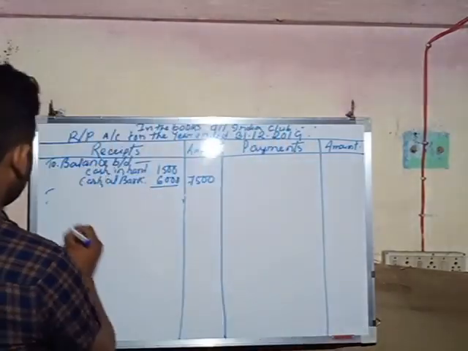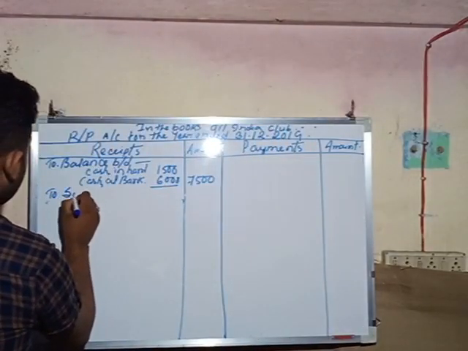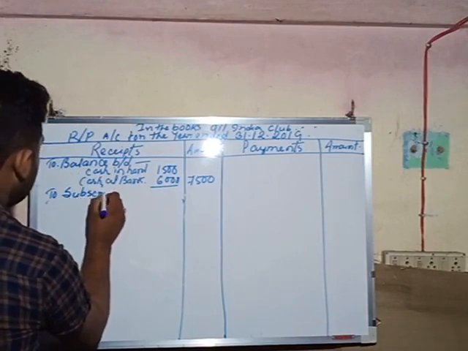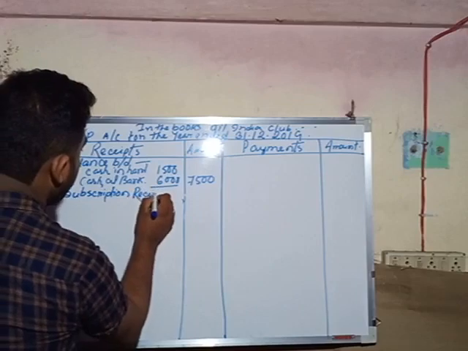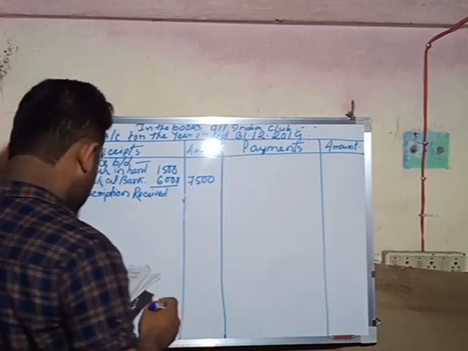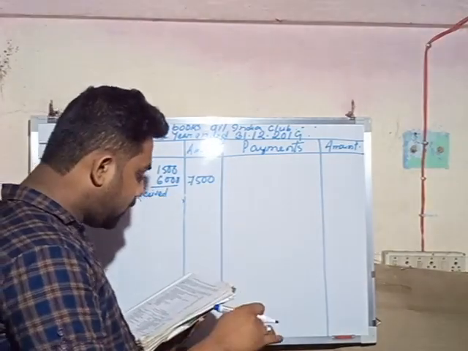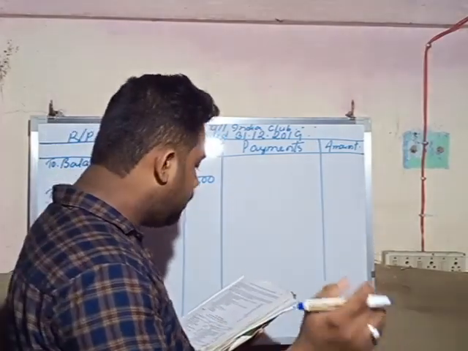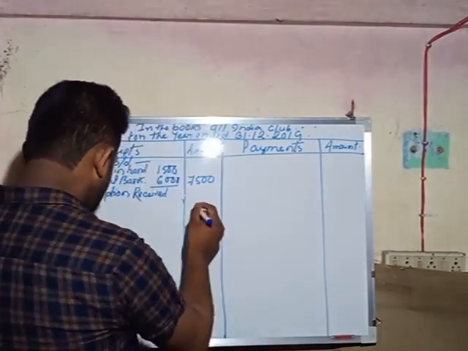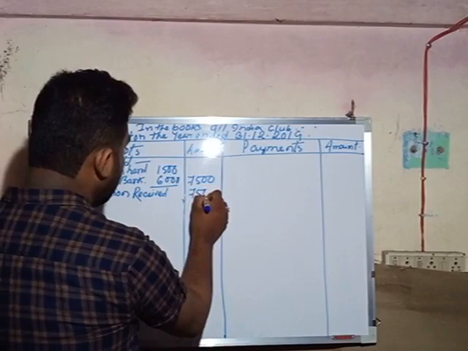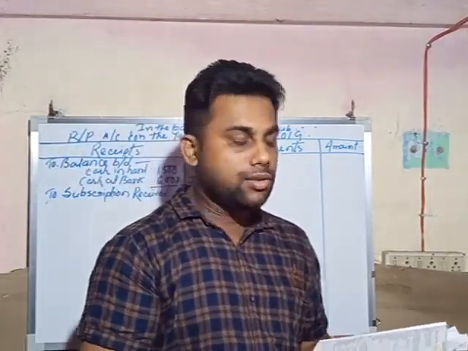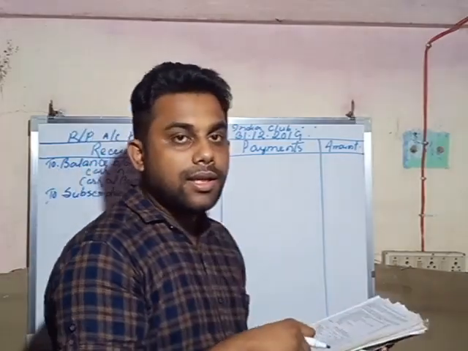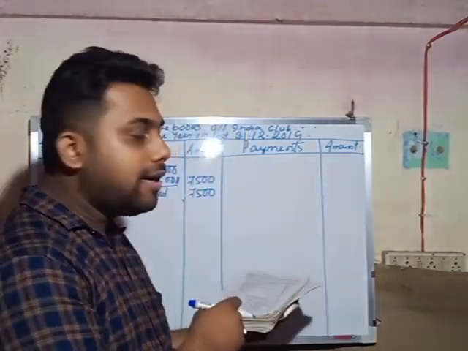So the first item is to subscription receipt, which means the amount we receive in the current year from the members, rupees 7,500. In 7,500, 400 is for the previous year, but we received it in this year, so it comes in the receipt side of the receipts and payment account for the current year.